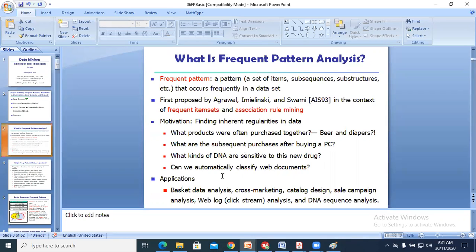So there are several applications. It is used for market analysis, cross marketing, catalog design, sales campaign analysis, weblog analysis, and DNA sequence analysis. There are a lot of applications for frequent pattern analysis.